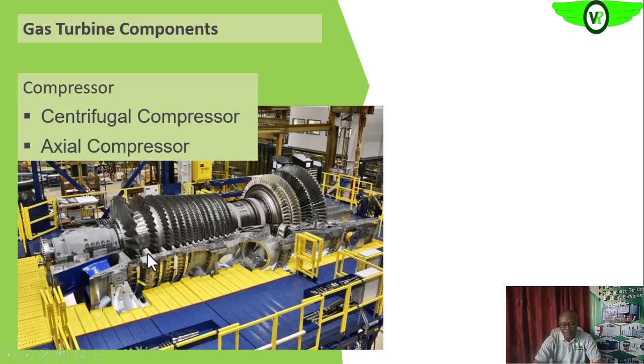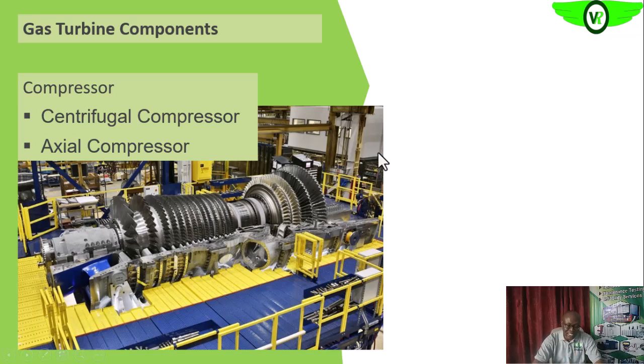So the pressure of the air exiting the first stage will be higher than the pressure of the air entering that first stage. So that increased pressure air will be sent to the second stage for further pressurization.